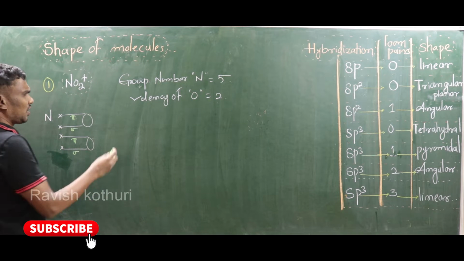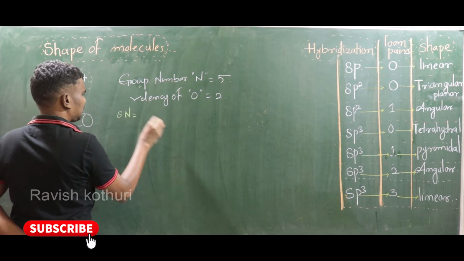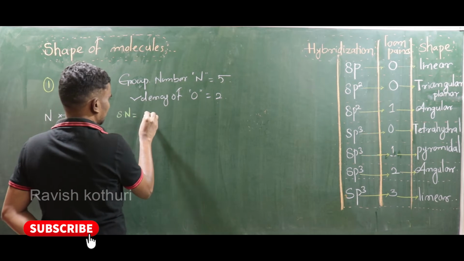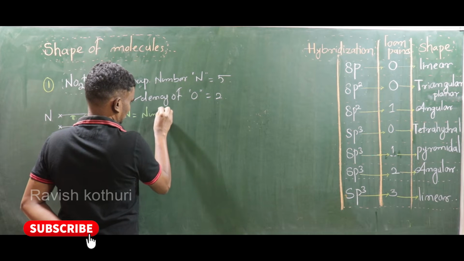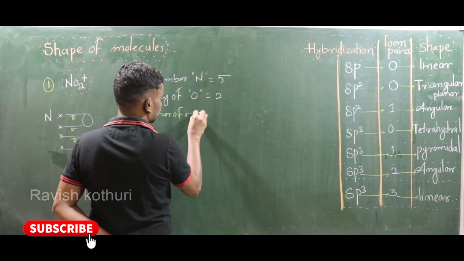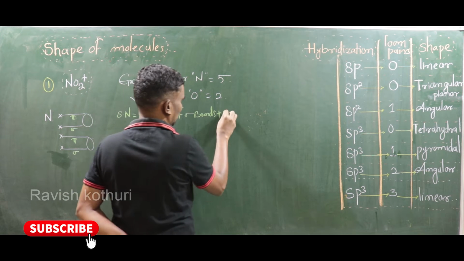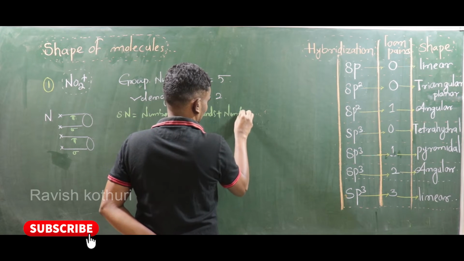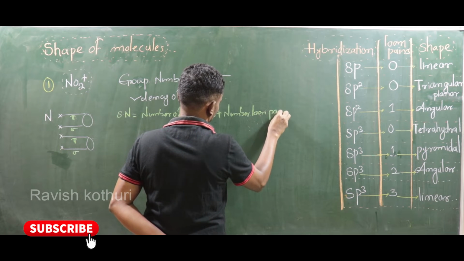Now, what about the steric number? Steric number means the number of sigma bonds plus the number of lone pairs.